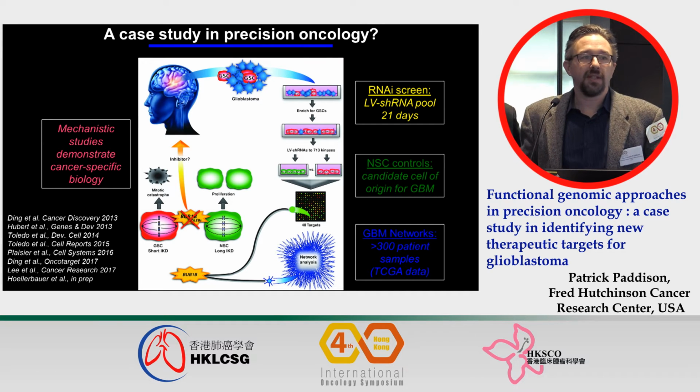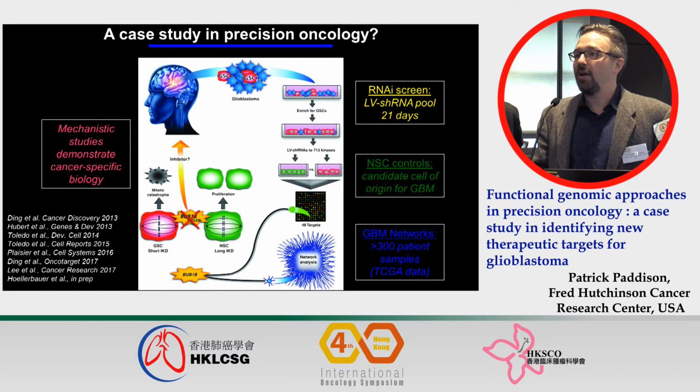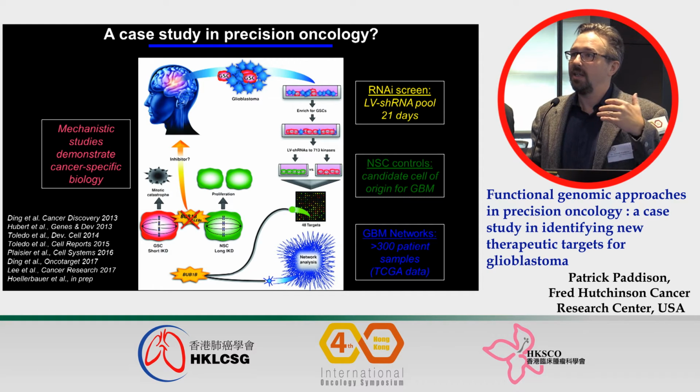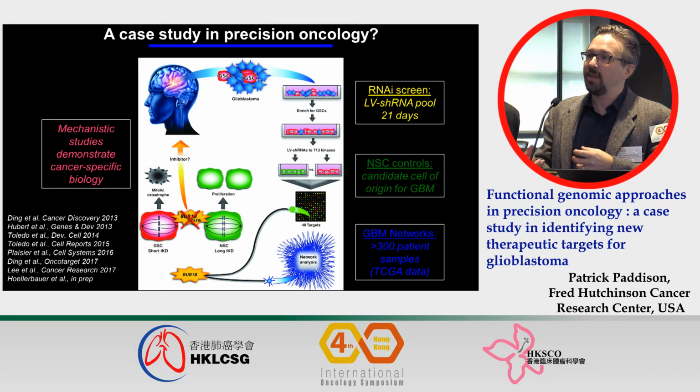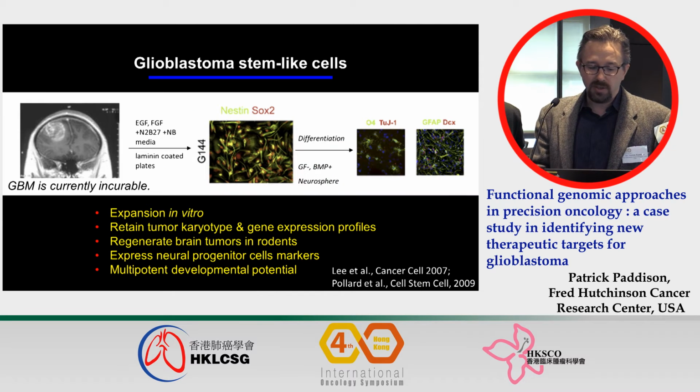The fun part is that these same models that are derived from patients can allow us to do mechanistic studies and sort of pick apart the biology underlying the lethality. And so we have a bunch of papers where we've picked apart different targets, and we like to just be sure that the biology is real, and these systems have allowed us to do that.